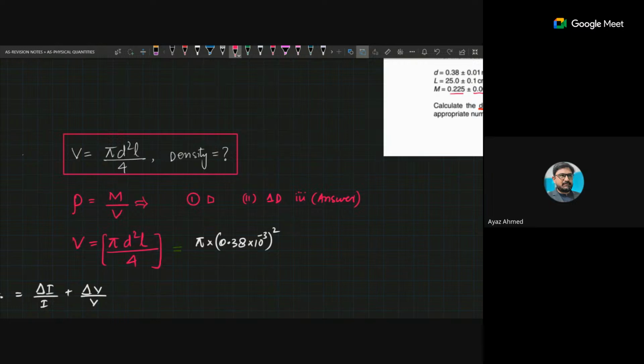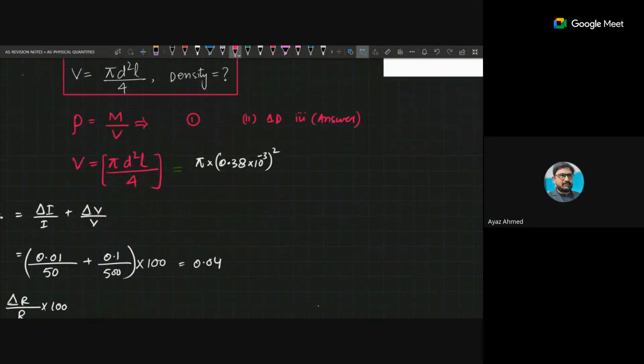Mass is given to you and volume is calculated from step 1. By that method you can solve it all: v is equal to pi d square L divided by 4, and you will get the answer over here. When you get the volume, you will write it down after calculations. This is a certain value, so I have no need to calculate it here.